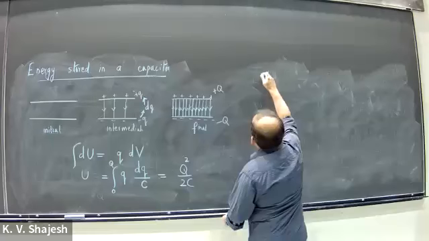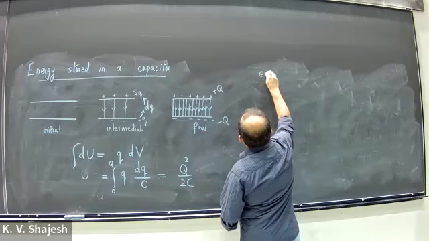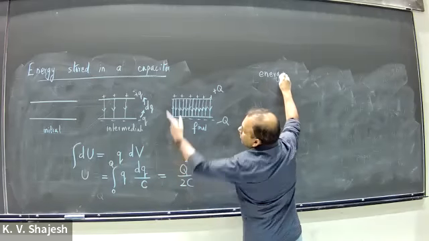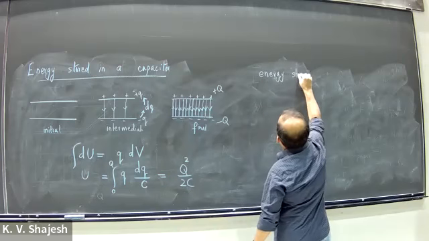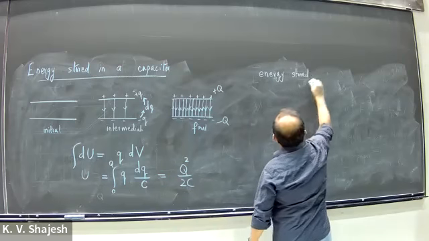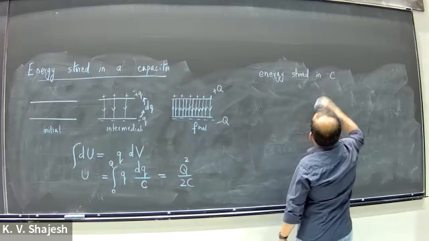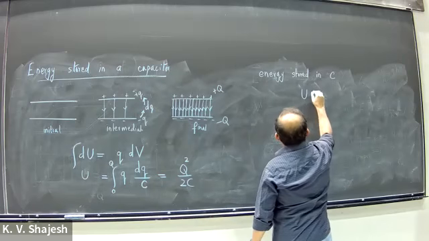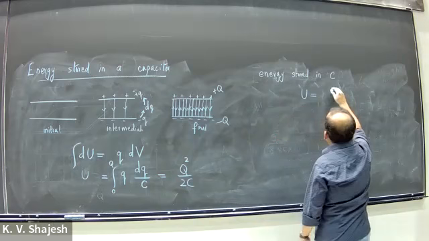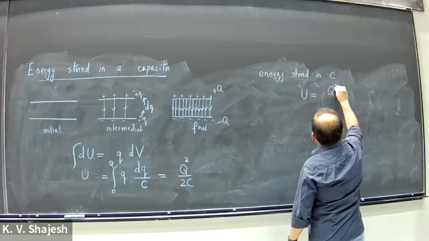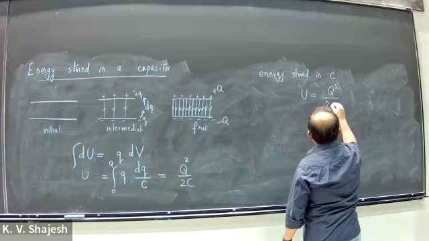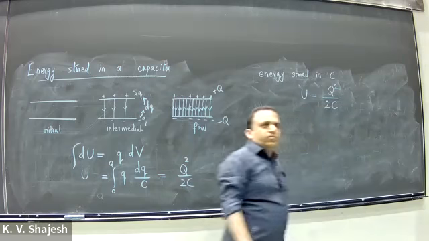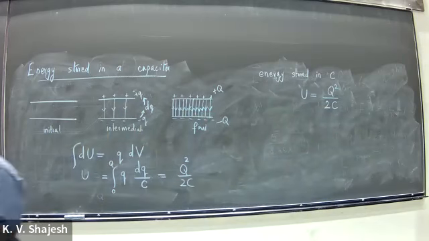The energy stored in a capacitor is U equal to Q squared over 2 times C. Right, the capacitance is coming in the denominator.